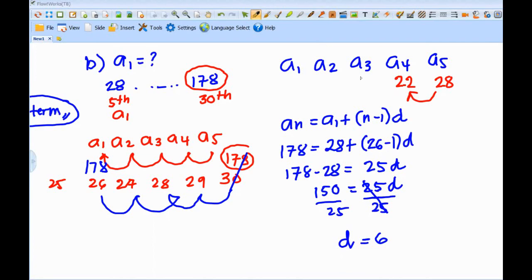Adrian, what's the next number? 16, then 10, then 4. So our first number is A sub 1. Since it is a harmonic sequence, it is 1 over 4.